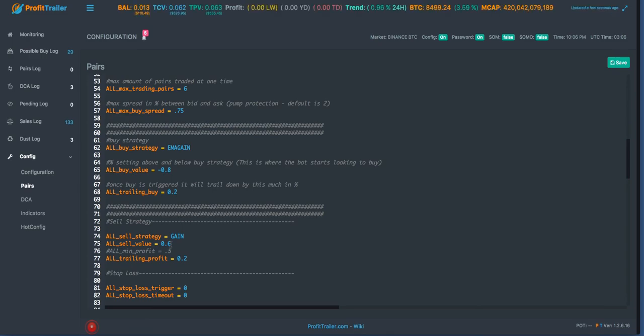So I might get 0.6 and I might get 2.6, but that's where the worst case scenario is going to execute a trade, and I might get 0.55 or whatever it is. But that's how that works. I wanted to clear that up for everybody because I know there's a lot of confusion about why is my bot not selling when I think it should sell. It's trailing, but it's not executing. That's why. So that's all I wanted to say in this video.